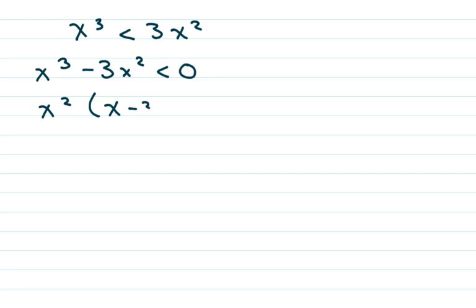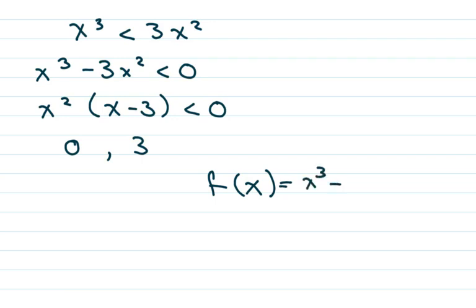And we get x minus 3. This one's actually a little easier. So my zeros are 0 and 3. And my function, if you want, you could just use x cubed minus 3x squared. Or you could use this one. Okay, so our zeros were 0 and 3.